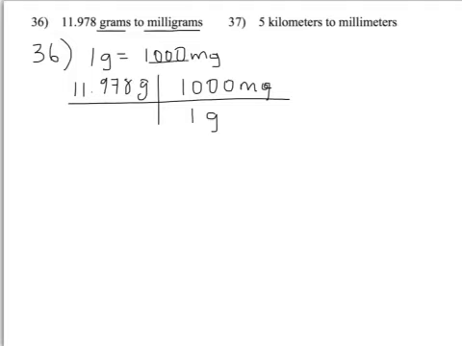Since 1,000 milligrams is 1 gram, then 1,000 milligrams over 1 gram is 1. So multiplying this 11.978 grams by 1, it is still 11.978. But we're changing it to milligrams, so we're going to multiply by 1,000. So we can get rid of those units of grams and do the multiplication.